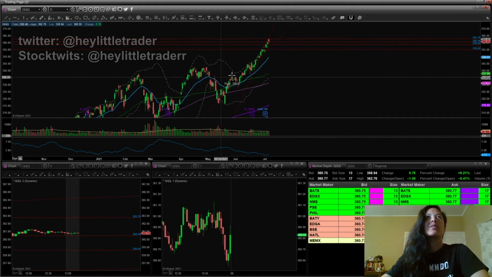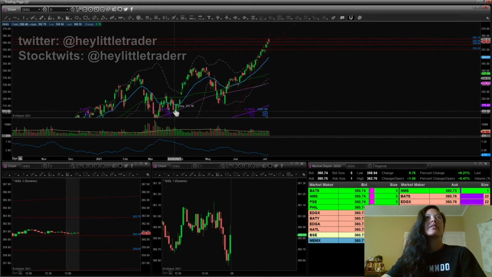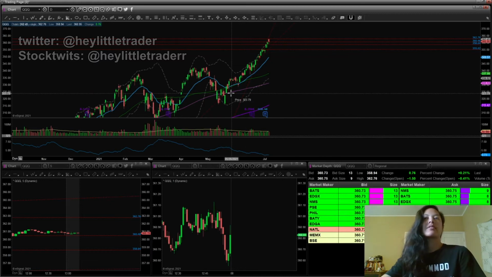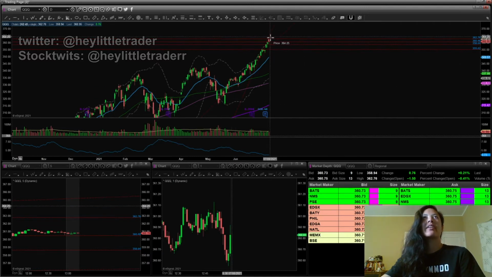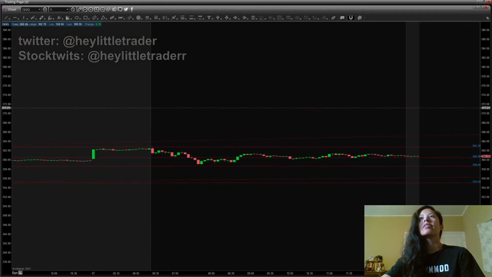I don't usually put the 9 EMA on the daily chart because it's just too much clutter. So yeah, pretty much that's how we analyze the Q. We're going to see how these lines play out tomorrow, but you can see them coming through on this chart here.